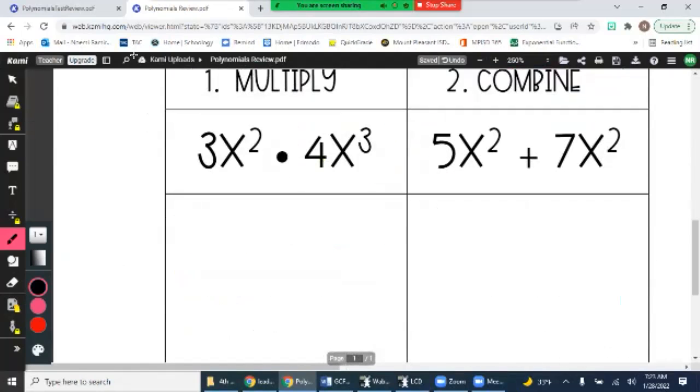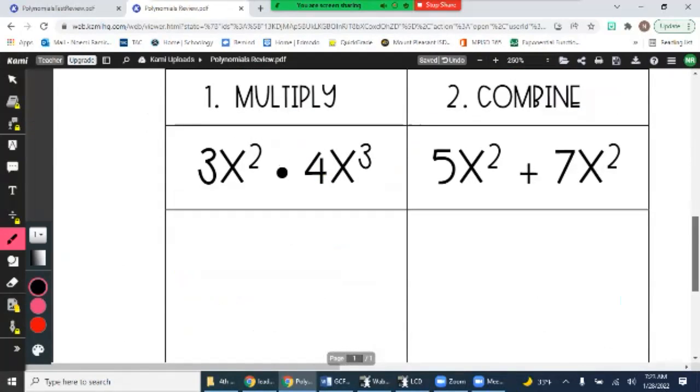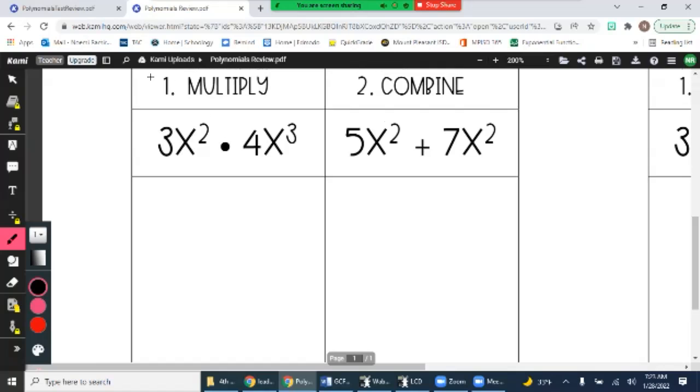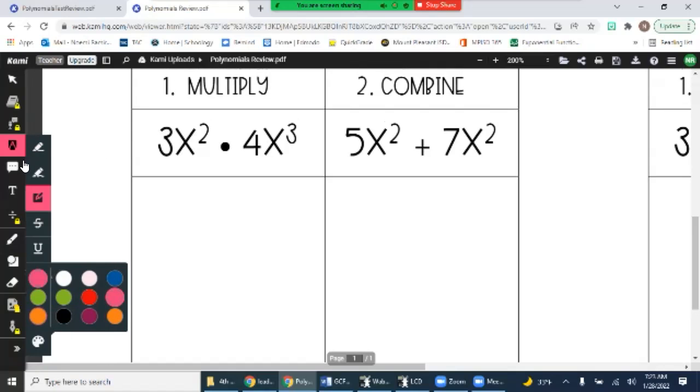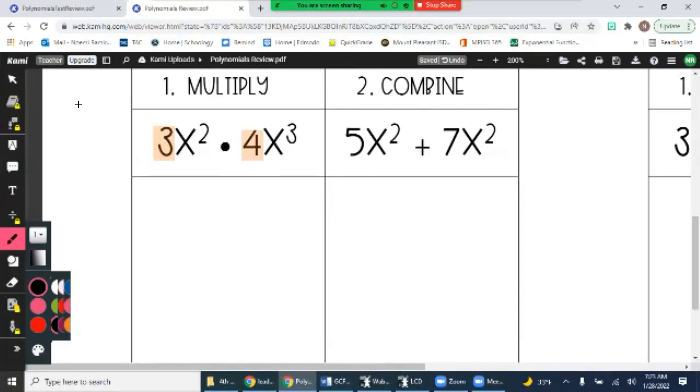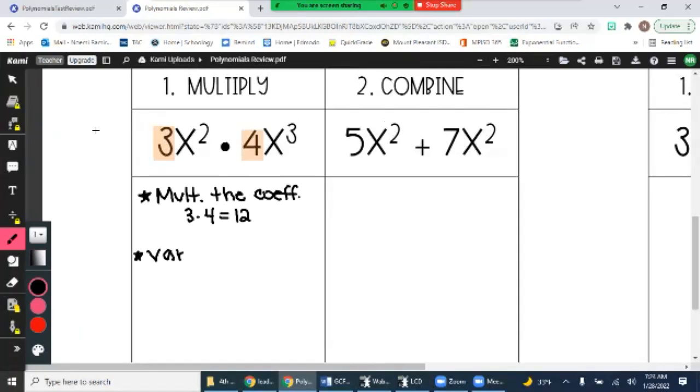So, multiplying versus combining. Just wanted to go over the similarities and the differences on both of these. When you are multiplying, remember you multiply the coefficient. So I'm just going to use stars. Multiply the coefficient. 3 times 4 is 12. Your variable will stay the same.